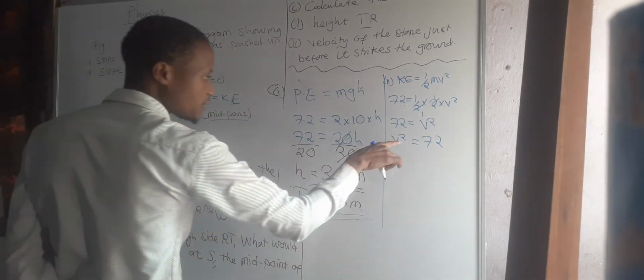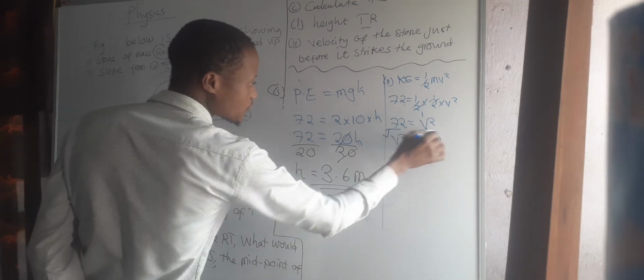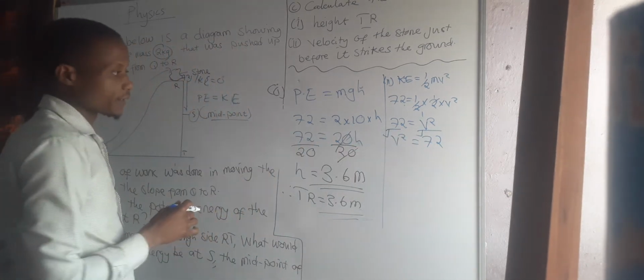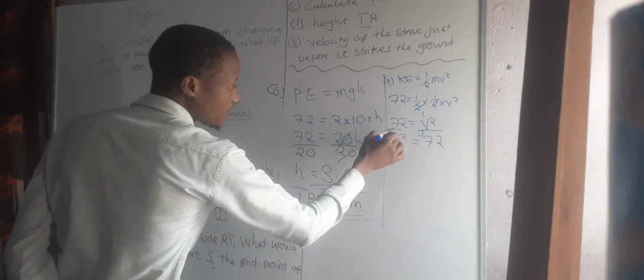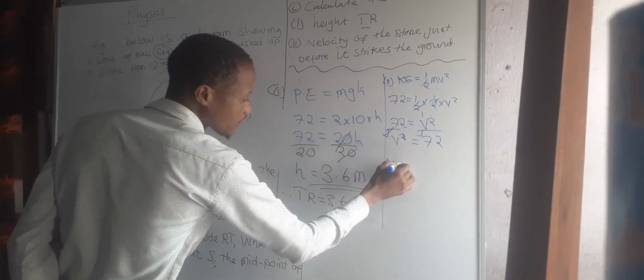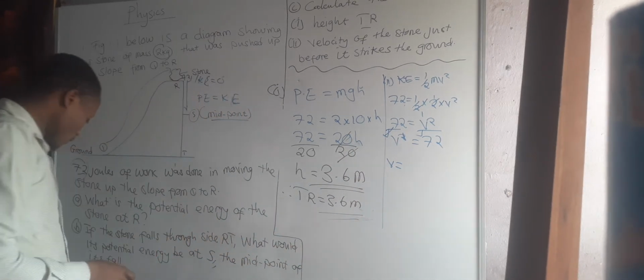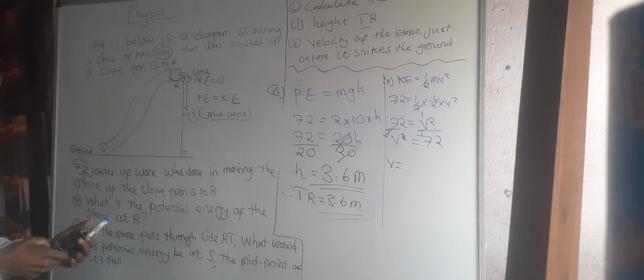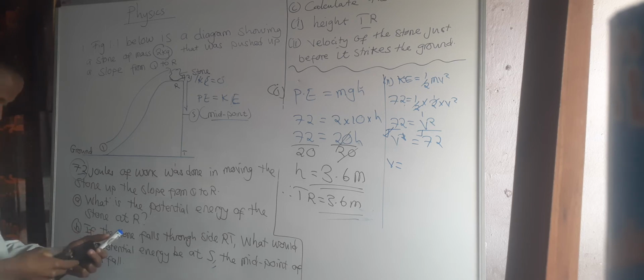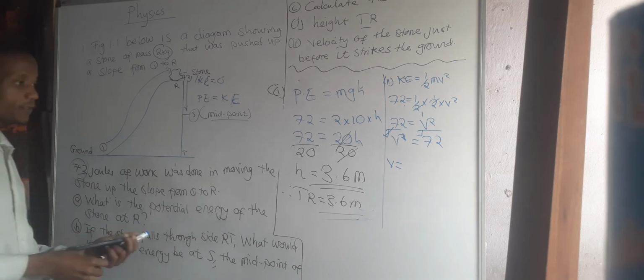To find this, you need to remove the square by introducing the square root. The square root and the square cancel, v equals the square root of 72, which is 8.48.